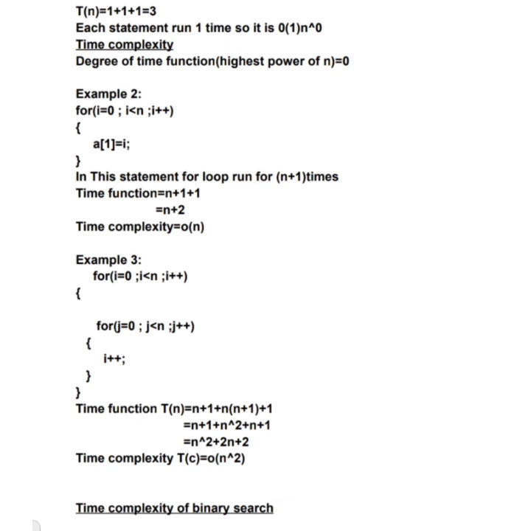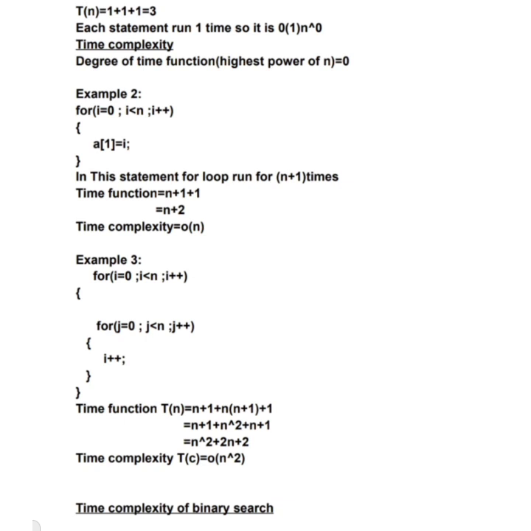Then i plus plus runs for n times, so totally the time function is n square plus 2n plus 2. The highest power of n is 2, so the time complexity here is order of n square. These are the examples of time complexity.